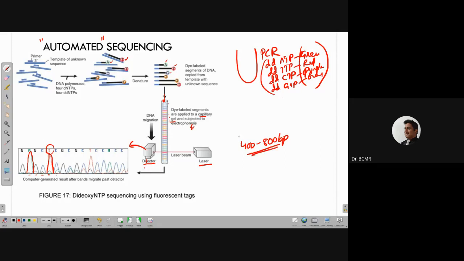Even now, Sanger's method is used when people want to do small scale evaluations in some of their genes. Then they go for automated Sanger's method. But nowadays we have NGS. I think it is not included in your syllabus, but that by itself is a big course because it has to do with a lot of information technology, how you process the data, and so on.